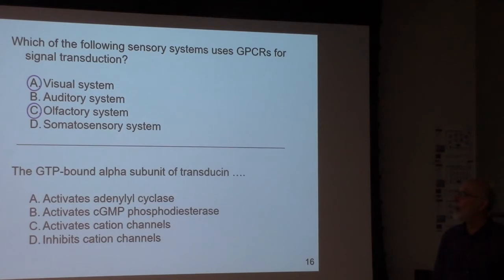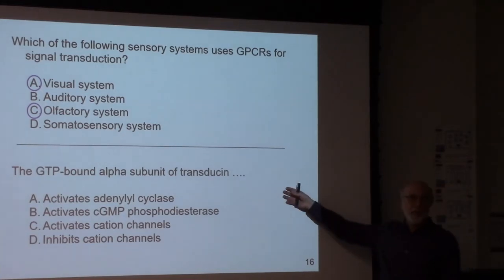Visual and olfactory. The auditory system uses stretch-activated channels. The somatosensory system uses either stretch-activated channels or pain chemical-activated channels, like ATP or acid.